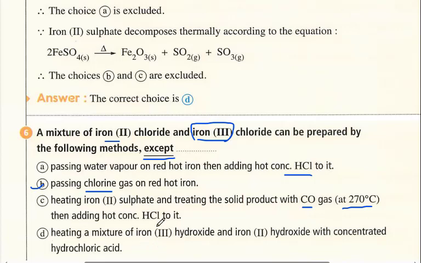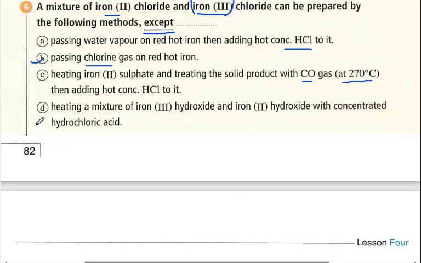Heating a mixture of iron 3 and iron 2 hydroxide with concentrated hydrochloric acid. Heating the mixture of both iron 3 hydroxide and iron 2 hydroxide with conc hydrochloric acid will produce iron 2 and iron 3 chloride, so this choice is not correct.